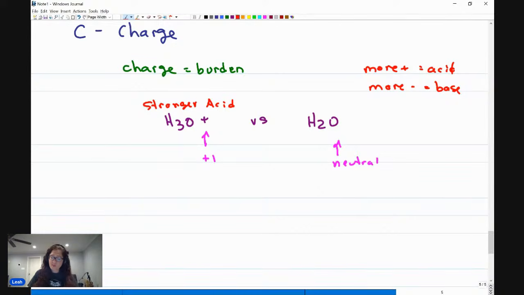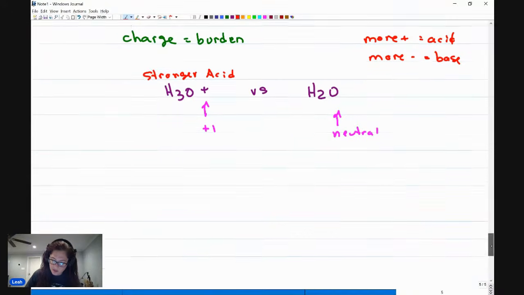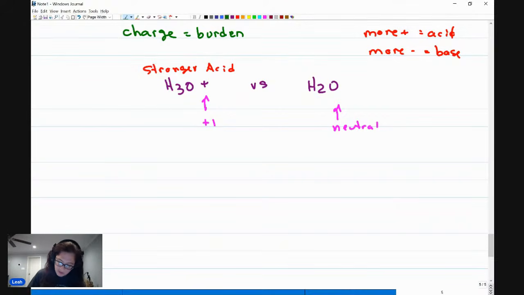So how is a professor likely to test this? Well, you may see a reaction that looks like this. Let's see. Trying to think of an example where this would work.